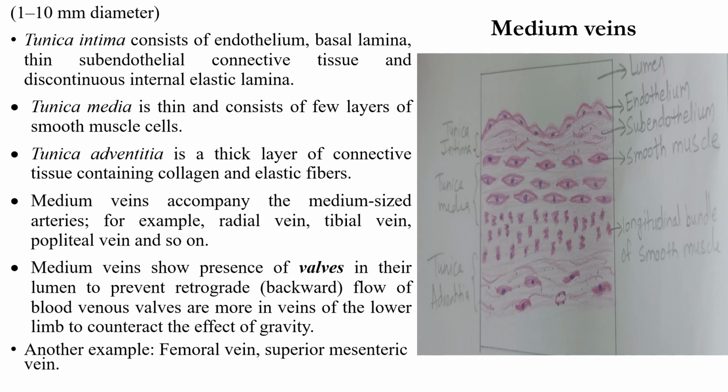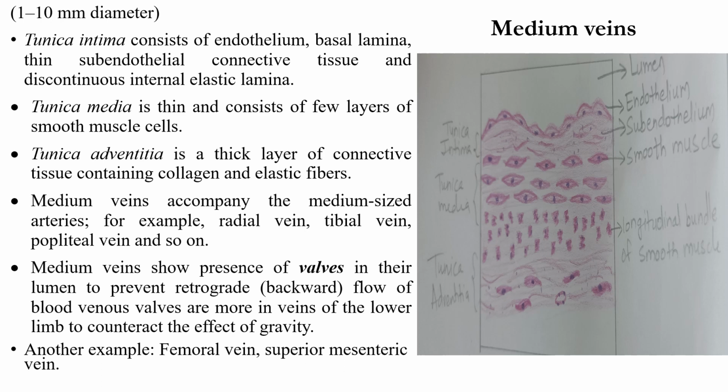It has vascular endothelium resting on the basement membrane, and there is a thin subendothelial connective tissue, but the internal elastic lamellae is discontinuous. Tunica media is thin, it has few smooth muscle cells, and adventitia is thick, it has connective tissue containing collagen and elastic fibers.